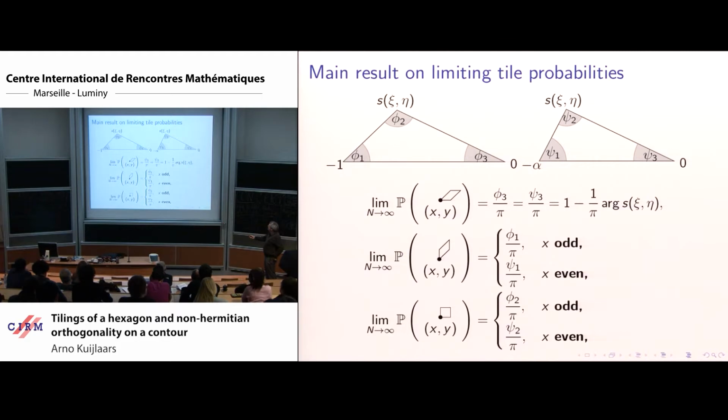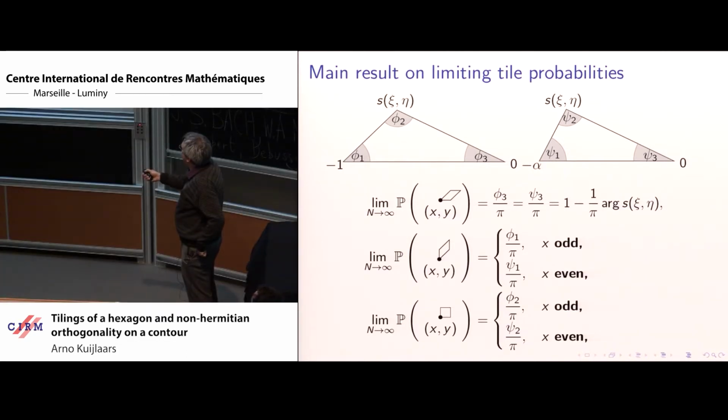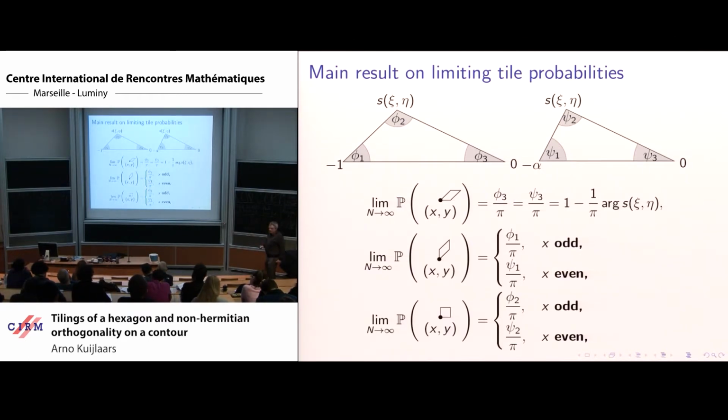So if we put in the complex plane a vertex at 0, at -1, at the saddle point that varies with the coordinates, we have a triangle with three angles, and we can also put the triangle here, but the difference is that this corner point is minus alpha instead of -1, and we have another triangle with different angles, and the limiting probabilities to find the tiles of these different possible tilings, these limiting probabilities, they have limits, and they're given by these angles divided by pi, right?